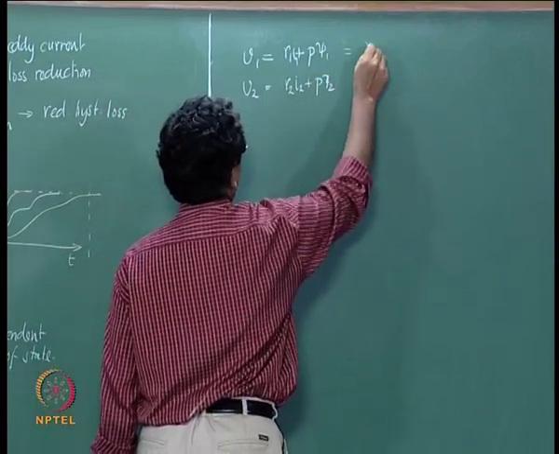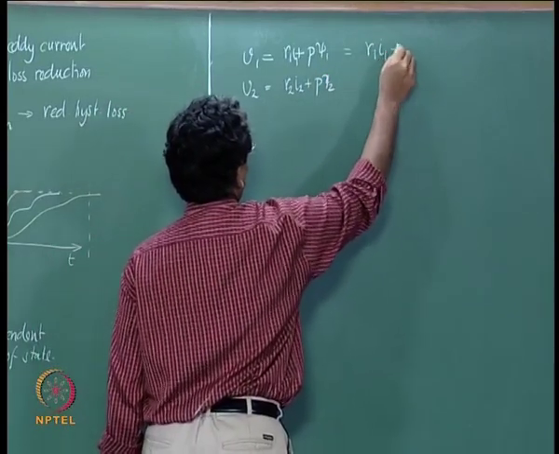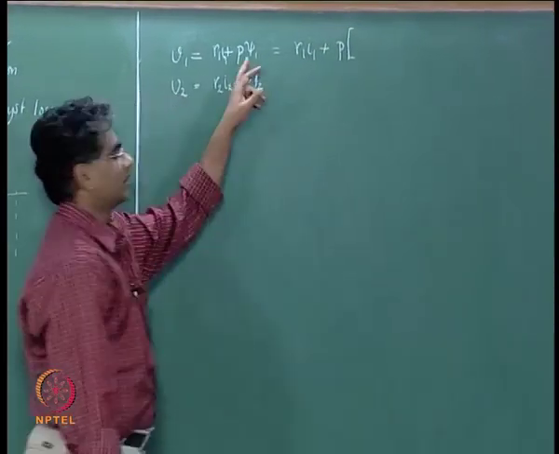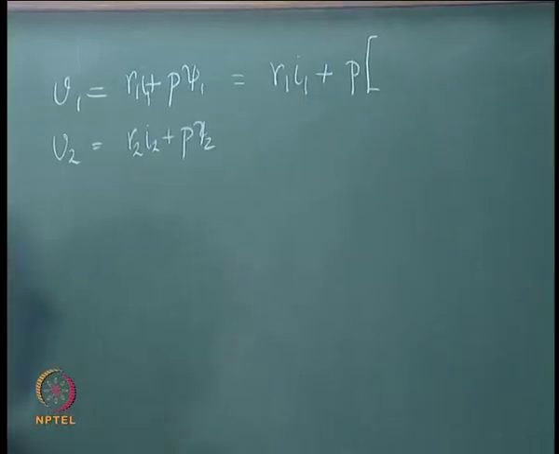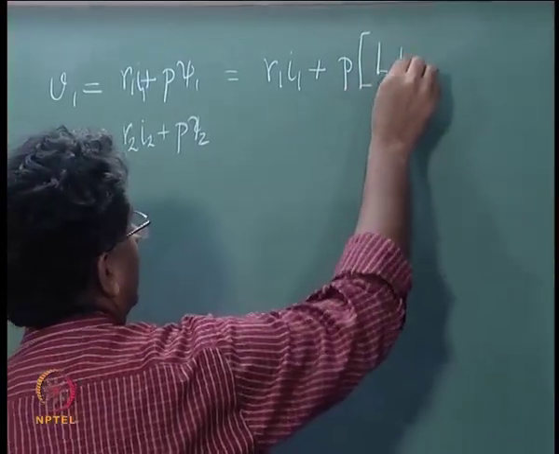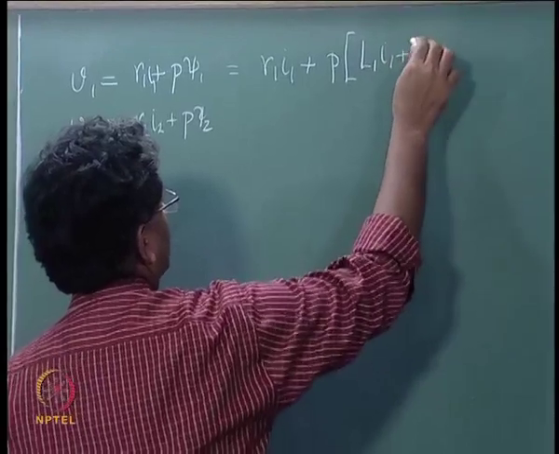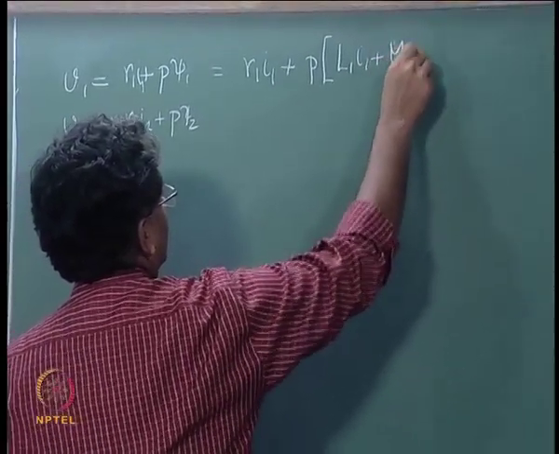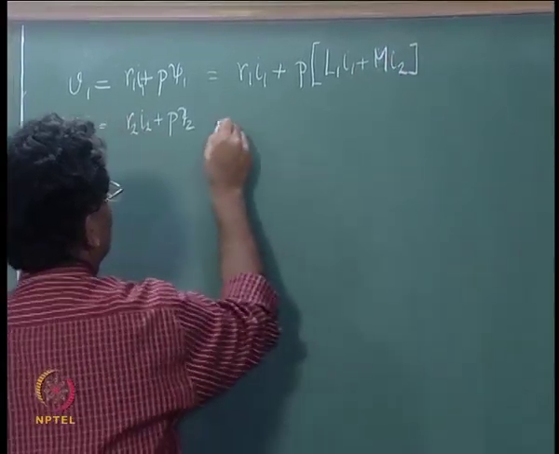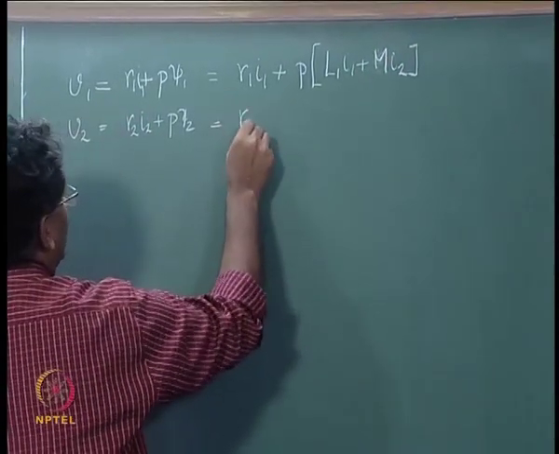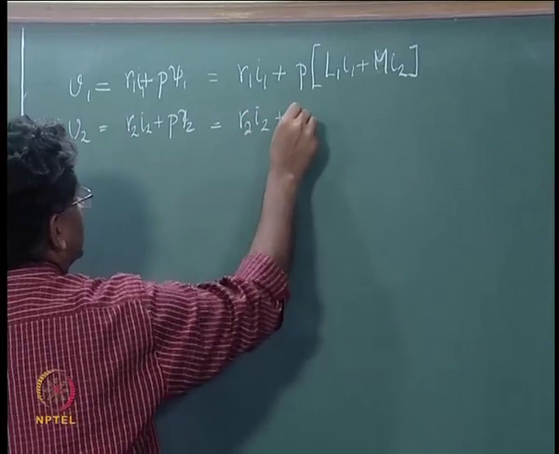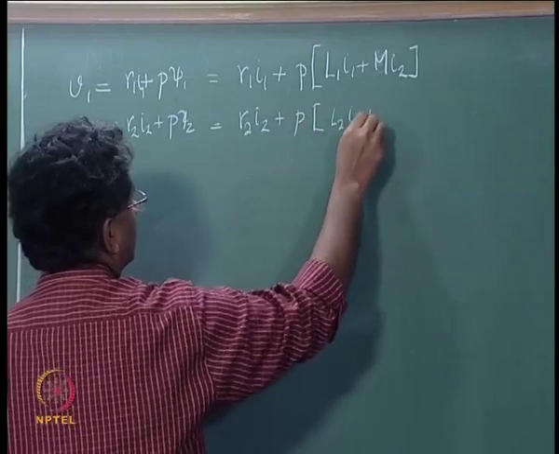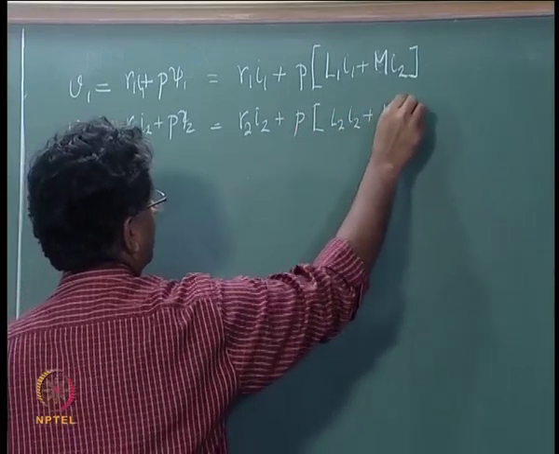This is nothing but R1 I1 plus P of psi 1, which we will expand and write as L1 I1 plus M I2, and here we will write R2 I2 plus P of L2 I2 plus M I1.